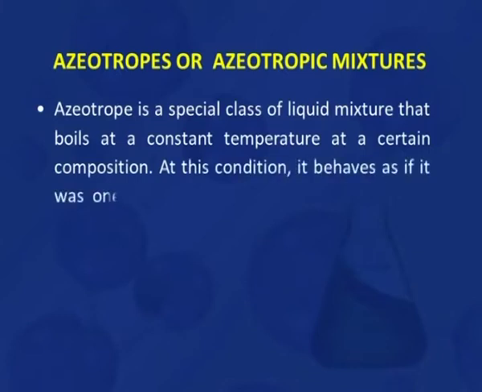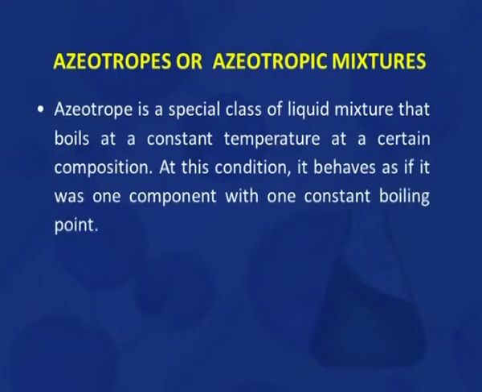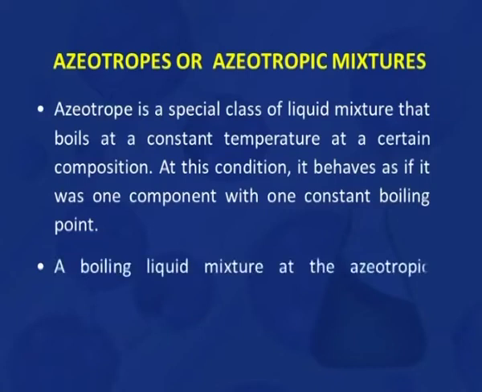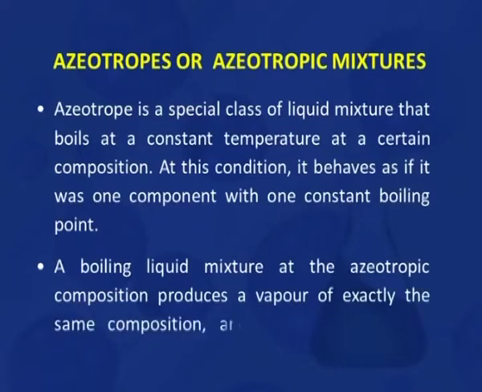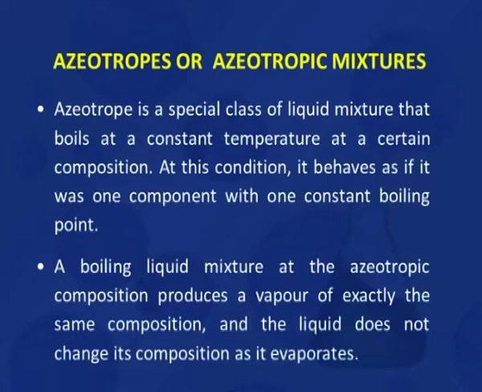At this condition, it behaves as if it was one component with one constant boiling point. A boiling liquid mixture at the azeotropic composition produces a vapor of exactly the same composition and the liquid does not change its composition as it evaporates.